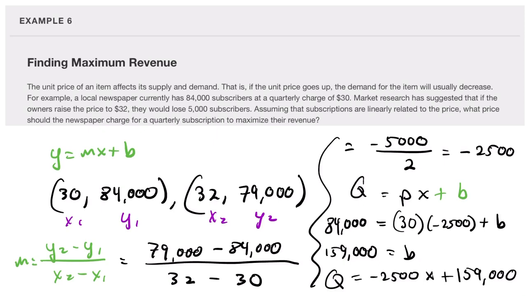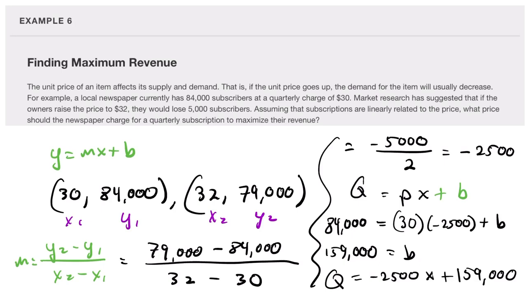Siri, what's negative 2,500 times 30 plus 159? Negative 2,500 times 30 plus 159 is negative 74,841. Something's still off, because when we plug in $30, we should get 84. Okay, so if we do y equals mx plus b, we got our m.